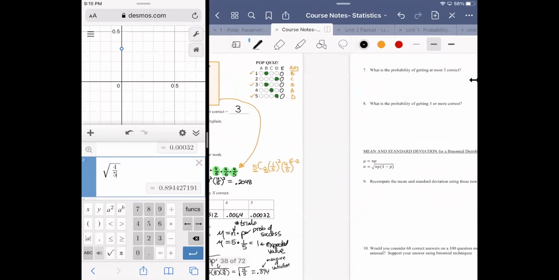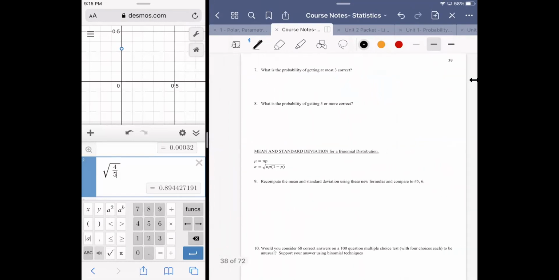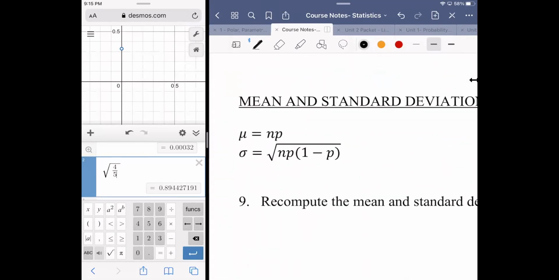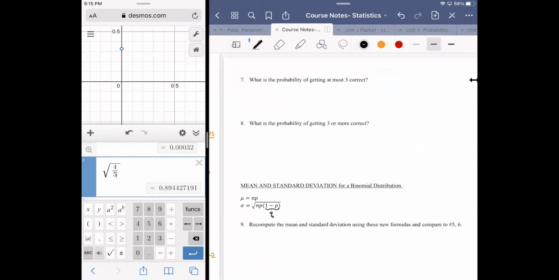So I kind of stole my own thunder on the mean and standard deviation in the area below. See here, that formula, sigma is equal to the square root of n p and then 1 minus p. That's the same as q. Okay, so it's the same thing.